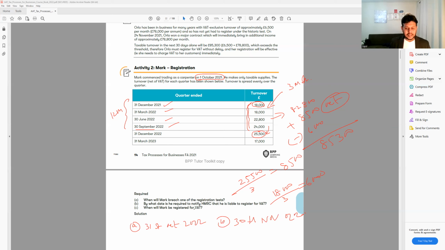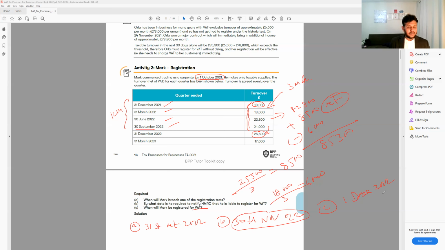So when will Mark be registered for the VAT? Number C. After the 30 days are over, the beginning of the following month will be the start of the VAT registration. So the whole of November is my time to tell the HMRC, and from 1st of December 2022, my registration for the VAT will start. So this is the story of the registration.